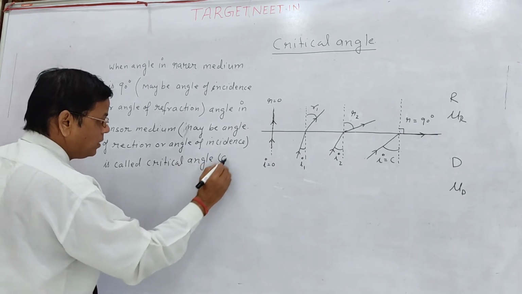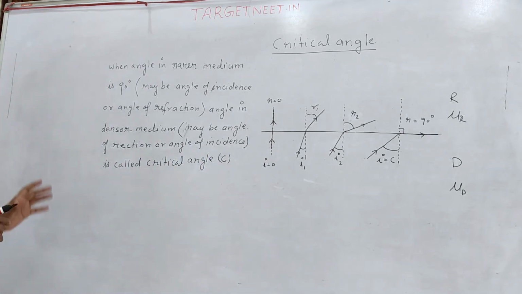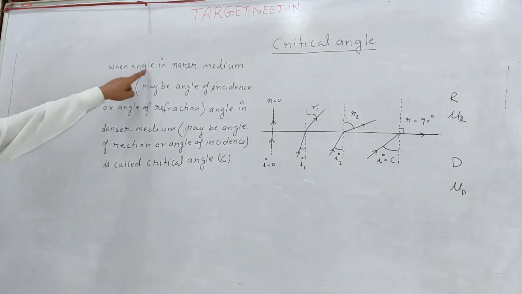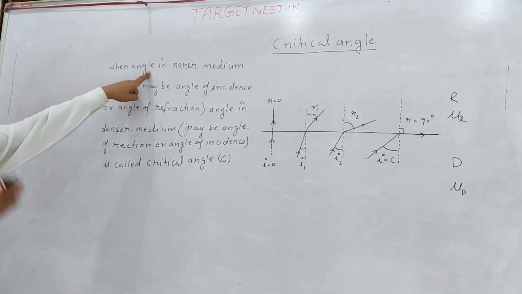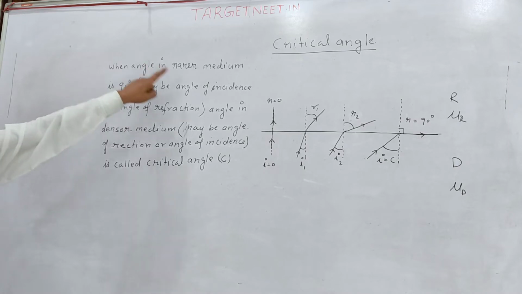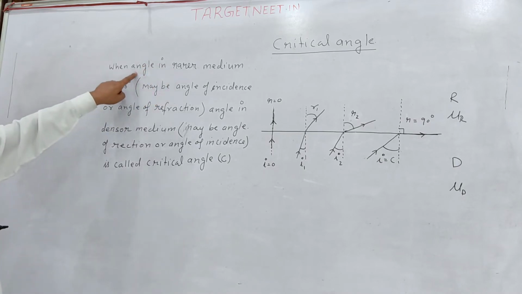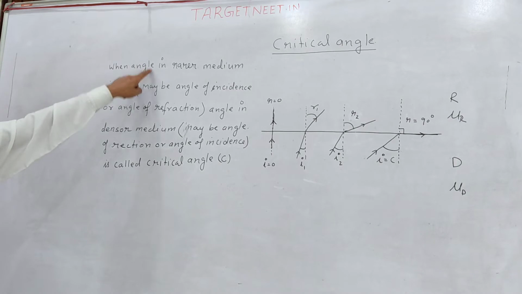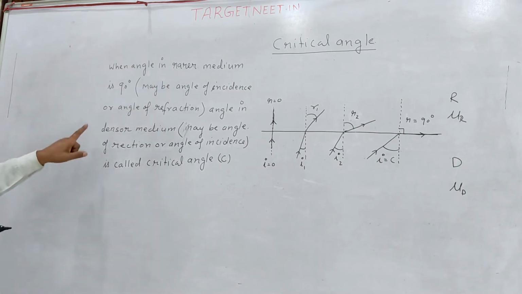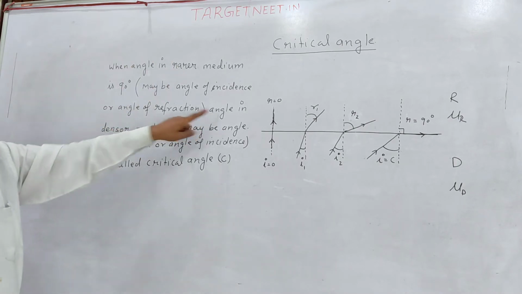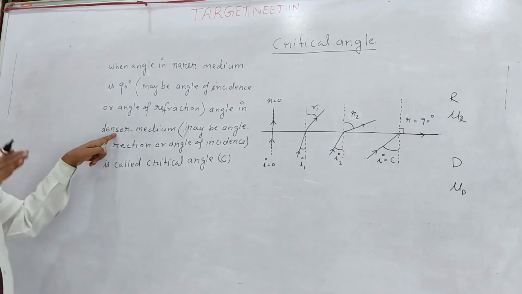And that is denoted by C. So here when I say angle, I mean the angle between the normal and the light ray. The angle in rarer medium means the angle between the normal and the light ray in rarer medium. When I say angle in denser medium, I mean the angle between the normal and the light ray.